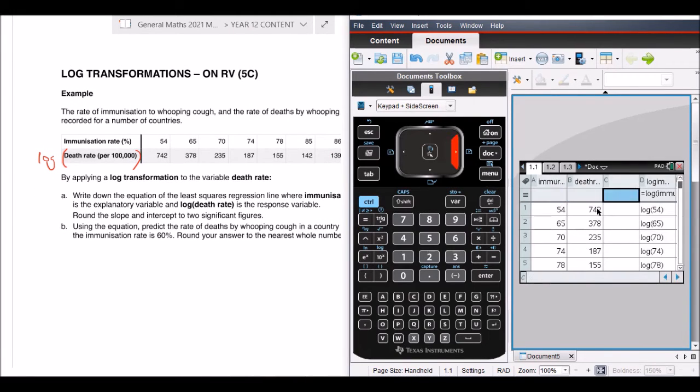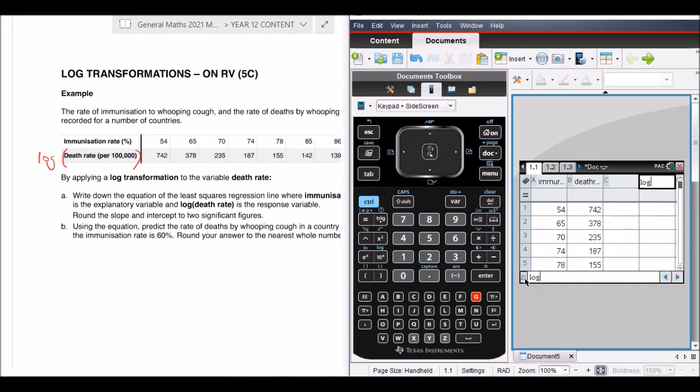Get rid of your transformation and any other data you don't need. Remember for part A, we're going to do a transformation of the RV this time, so the death rate. Just to recap, I called it death rate. So if I want to do a transformation on it, log bracket death rate. Actually, I'll do that after.